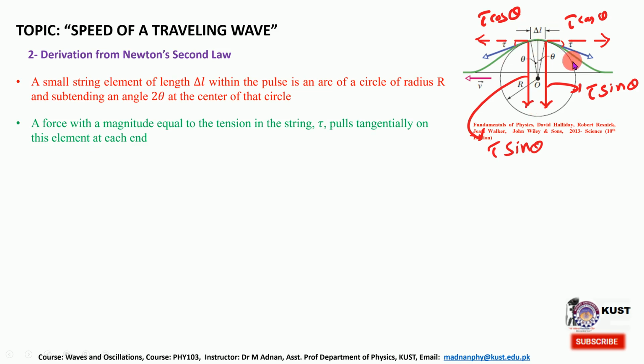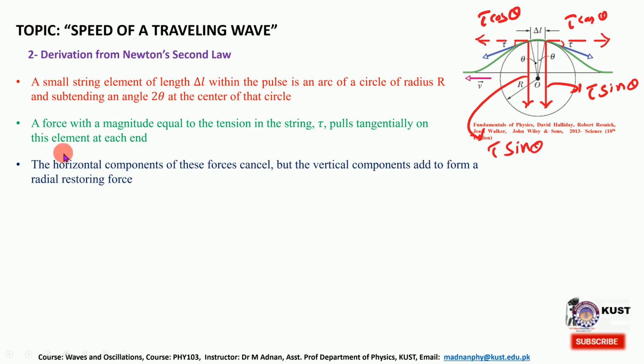That is, this portion of the arc length will have a force equal to 2 times the tension times the sine of theta. That is, there will be a radially inward force that will move the arc back towards the center of this circle. As I told you, the horizontal component of this force is cancelled, but the vertical components add to form a radially restoring force.